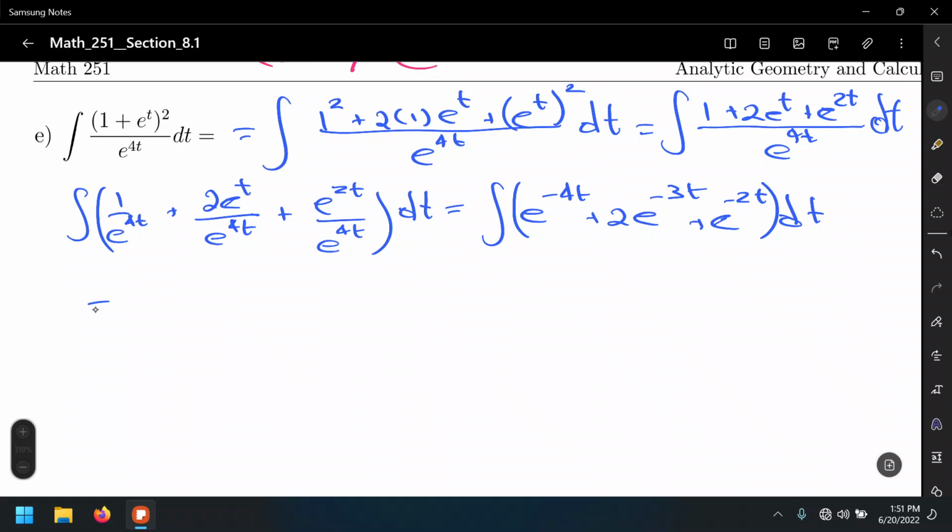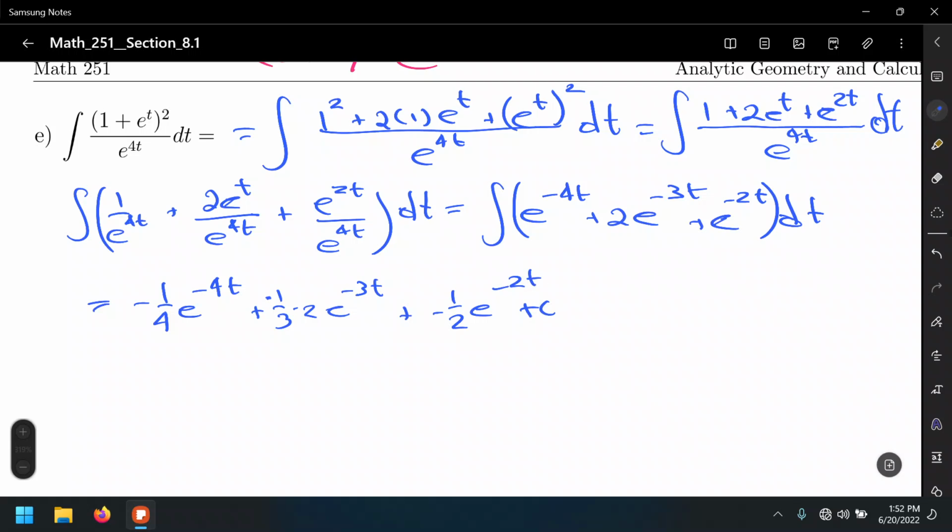So that's fine. So that's negative 1/4 e to the negative 4t plus 2 e to the negative 3t times negative 1/3 and plus negative 1/2 e to the negative 2t, actually, plus c.